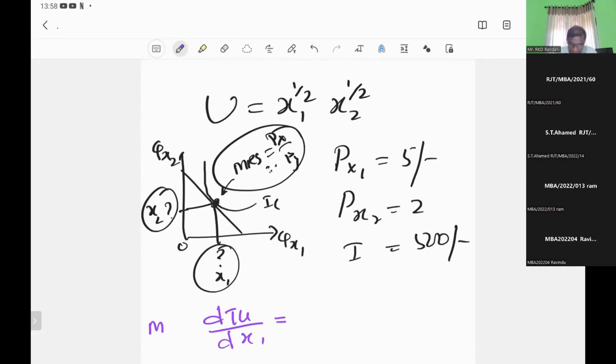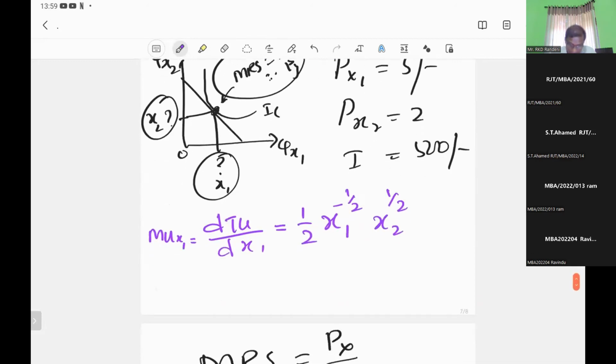Then you can derive MUx1. Here the power 1 comes down, then half into x1, and you deduct 1, then minus half. Then x2 to the power half you write as it is. That is MUx1.